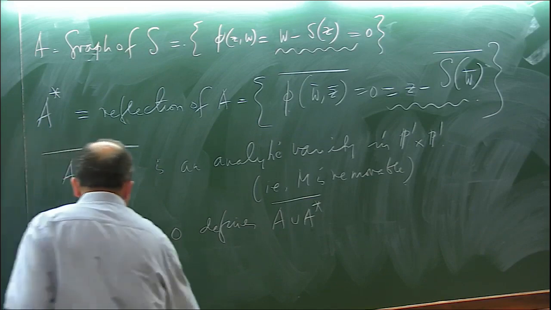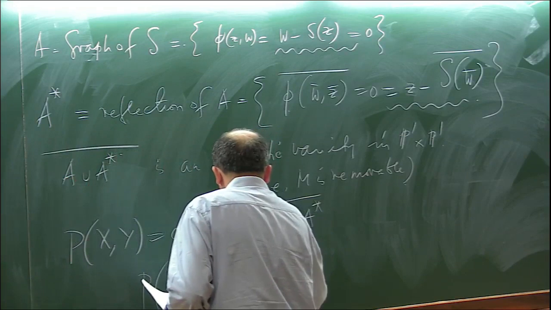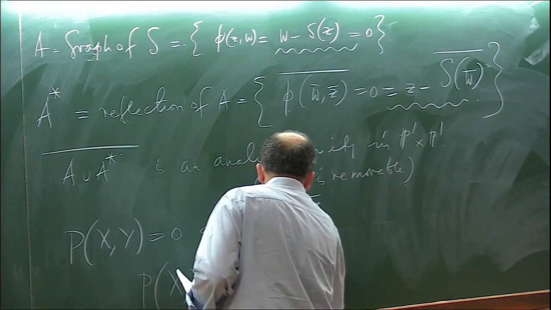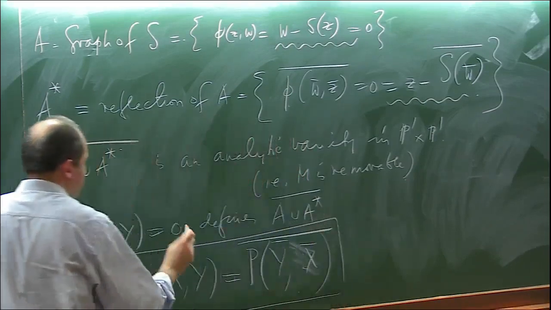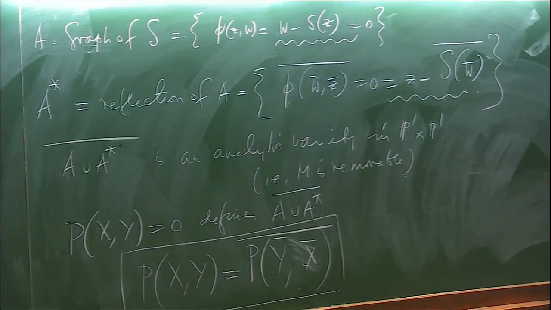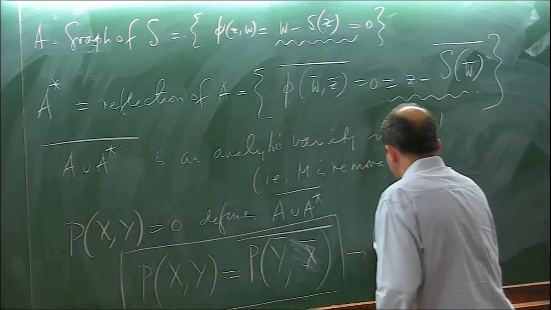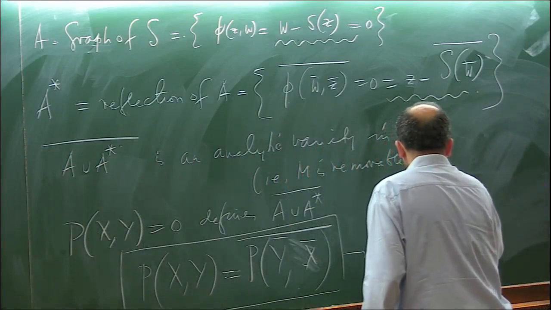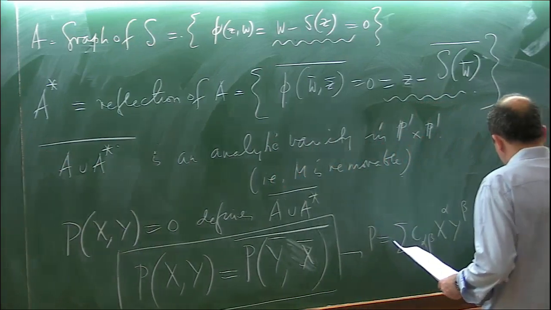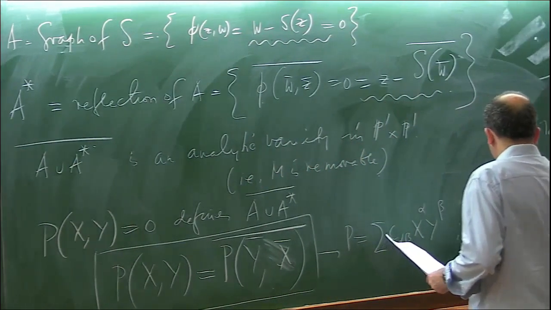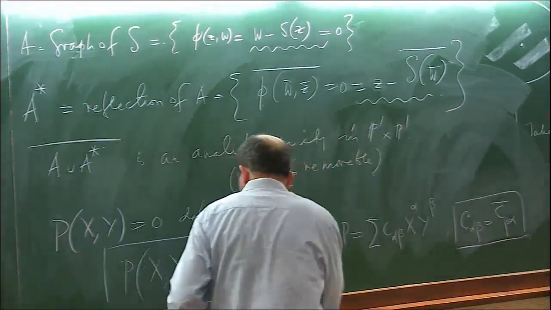And therefore, it turns out that P of (x, y) must be the conjugate of P of (y bar, x bar). What this means is that if you write P as the sum of C alpha beta, x to the alpha, y to the beta, then C alpha beta is C beta alpha bar. So that's the conclusion that we get.